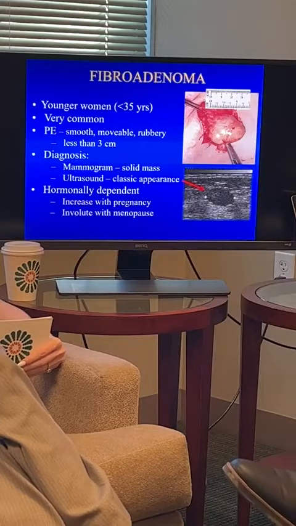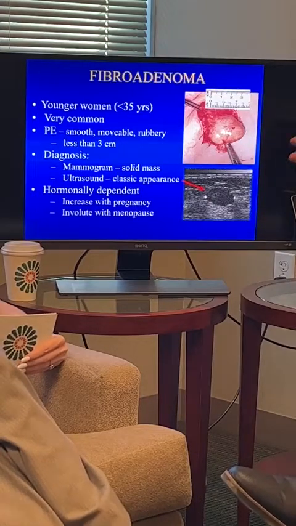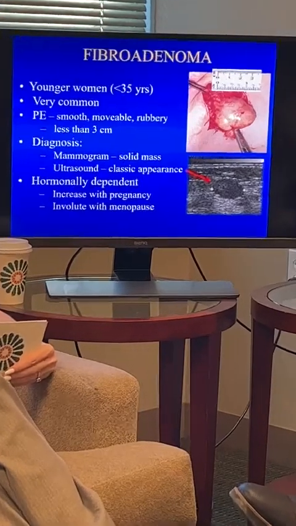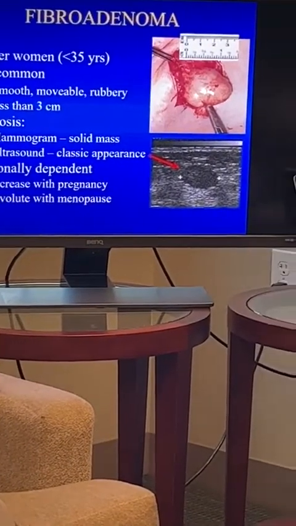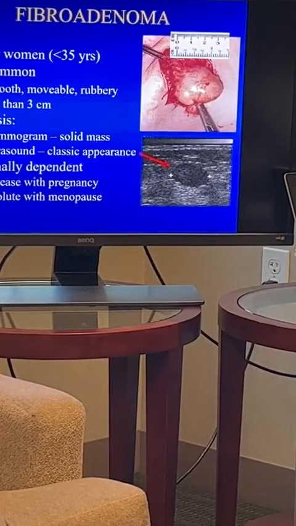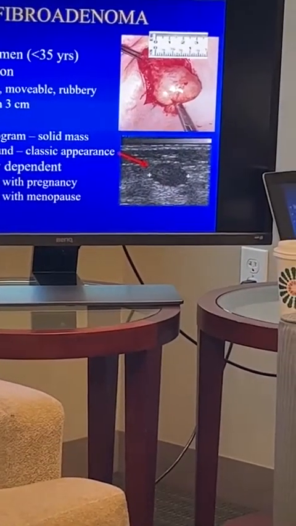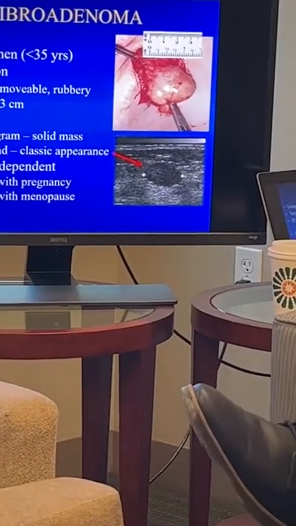Fibroadenomas are hormonally dependent and can increase with pregnancy or decrease with menopause. On this slide, you see a gross anatomy of a fibroadenoma, but in the lower right-hand corner, you see an ultrasound image showing a lesion with pretty smooth walls and an interior that is really homogeneous. That means regular and consistent, all indicative of the benign nature of this lesion.